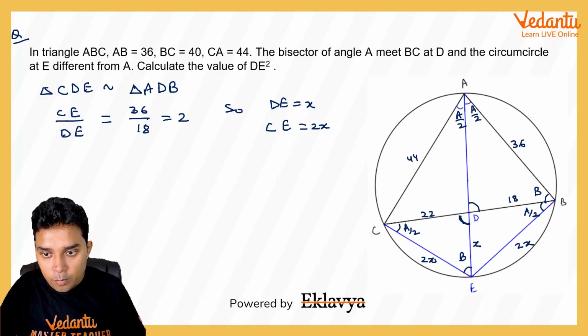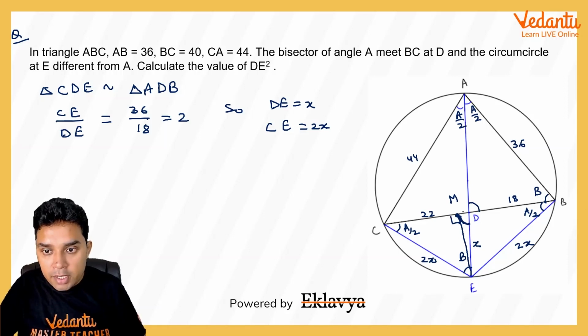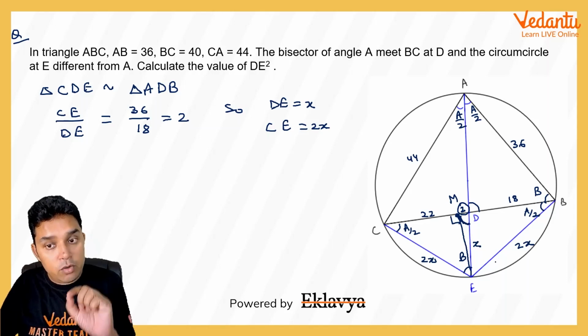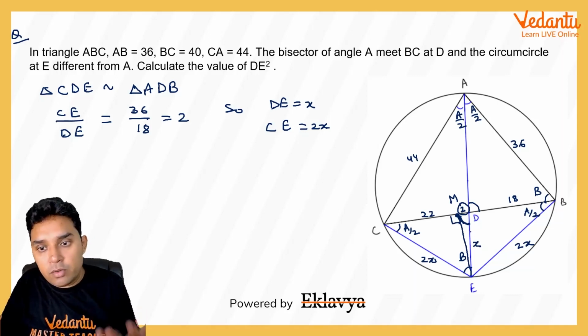Now if I drop a perpendicular from E on this side BC, and let us call this point M, this M has to be the midpoint of BC. The entire length is 40, so CM length will be 20, so this small MD will be 2. M is the foot of perpendicular from E and also the midpoint of BC, so this MD will become equal to 2. We can apply the Pythagoras theorem here.